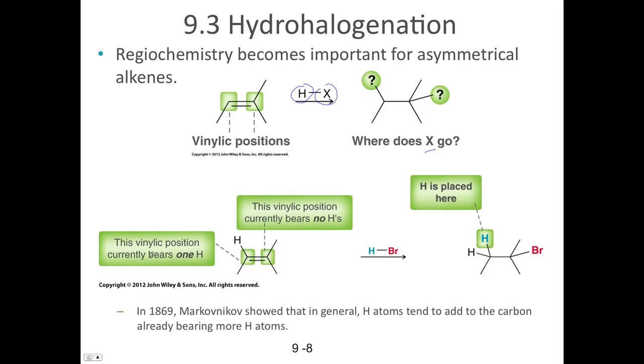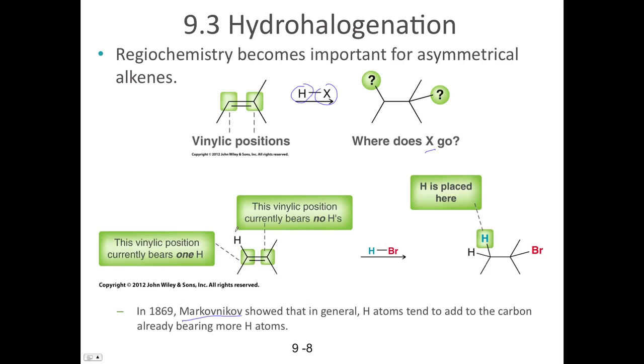Here's the long and short of it. Here we're talking about something called the Markovnikov rule. We'll talk about this for a few slides. The vinylic position currently bears one hydrogen right here. This vinylic position currently bears no hydrogens. This is significant for you to solve the problem. When you want to know whether the hydrogen adds to this side or the bromine adds to this side, you always look at what has the least substitution.